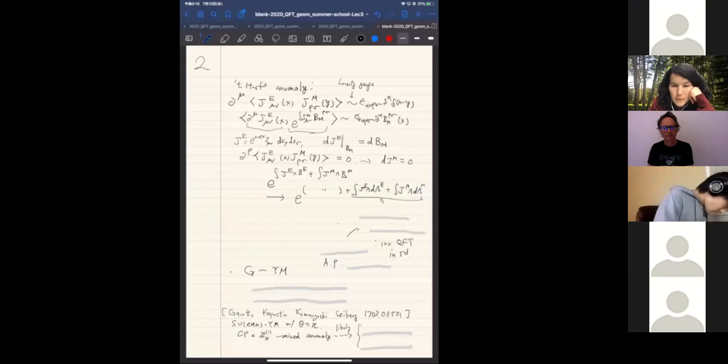So this is a modified conservation law of this one form symmetry in the presence of the magnetic one form symmetry background. If we define the two form current operator JE by this, then I can rewrite this modified conservation law as this.